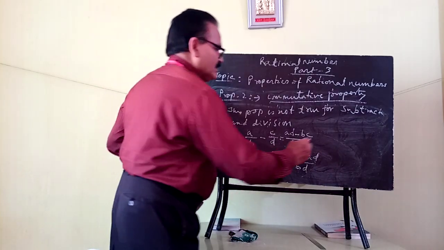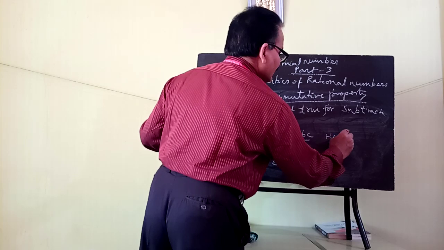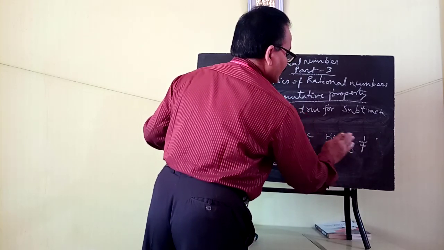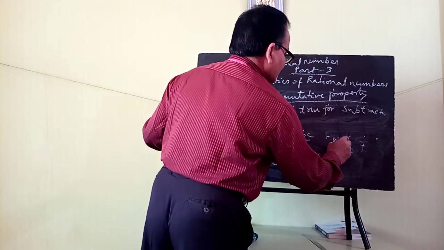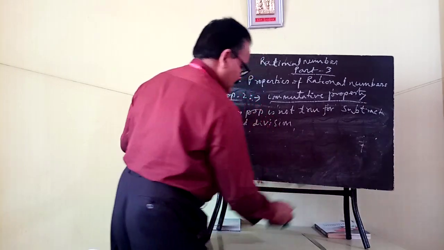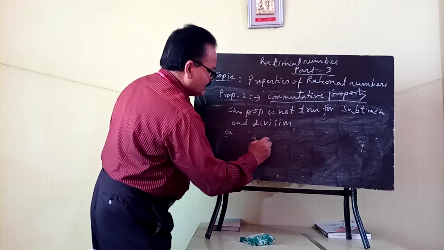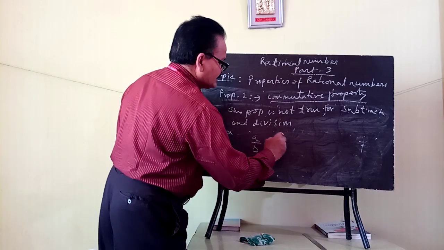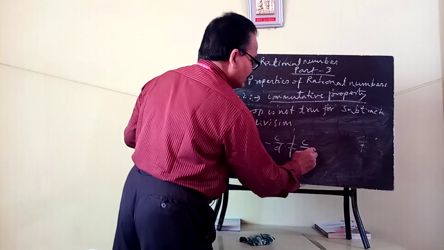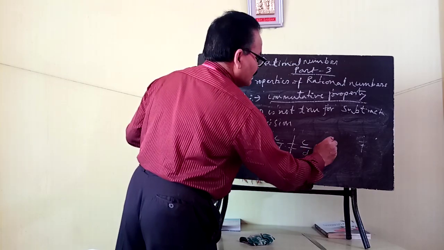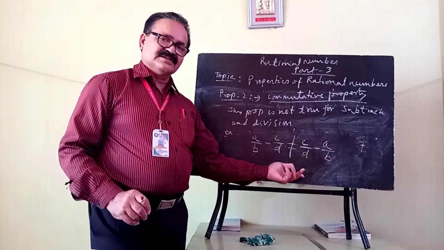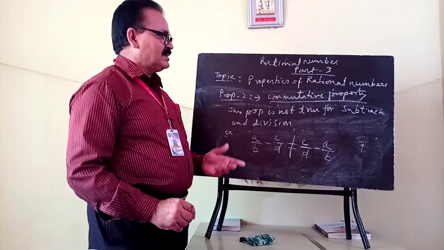That means here it is true that A by B minus C by D is not equal to C by D minus A by B. If we will change the order, the value will be different. So it is not true for subtraction.